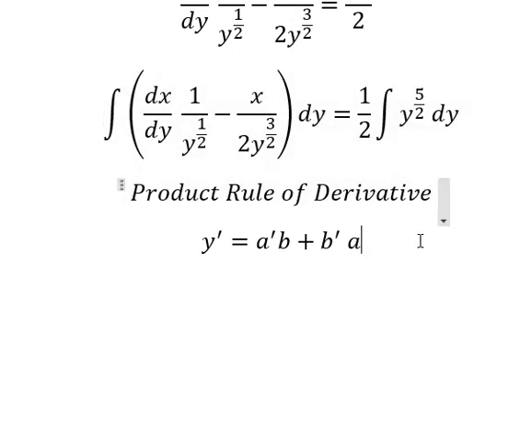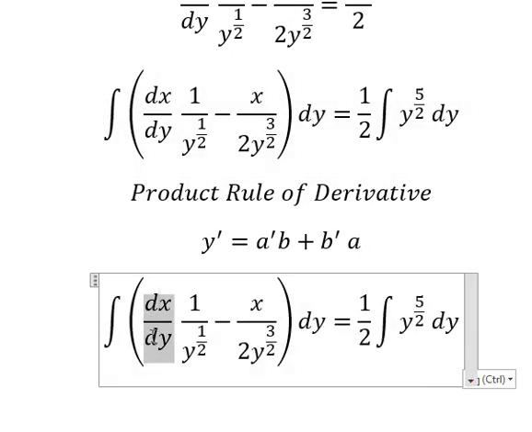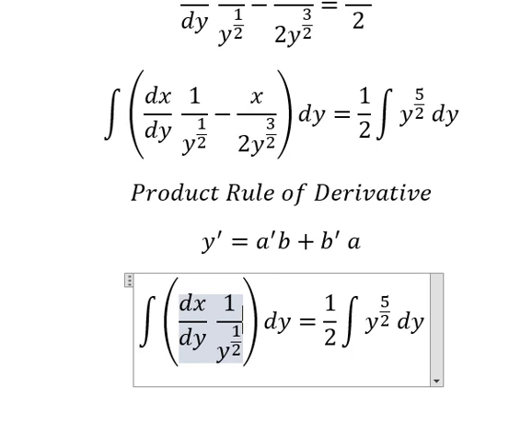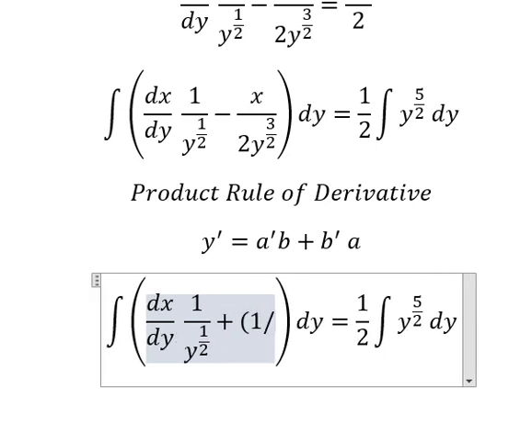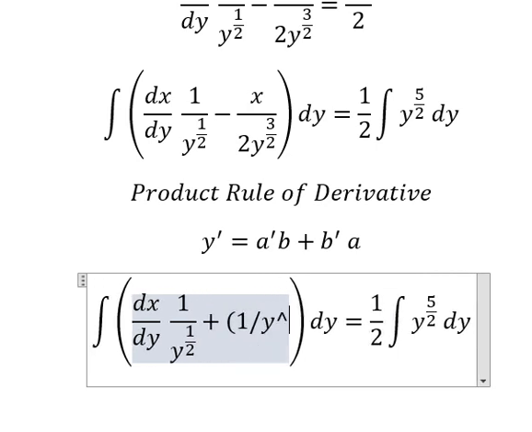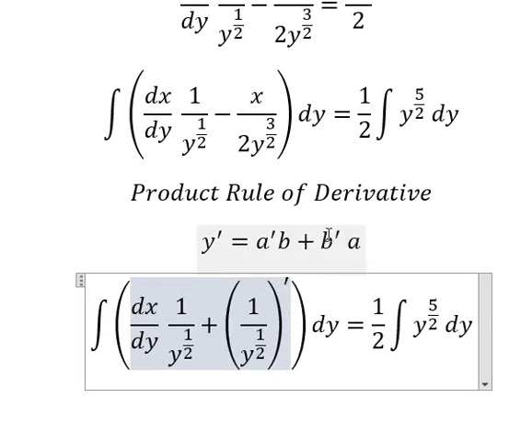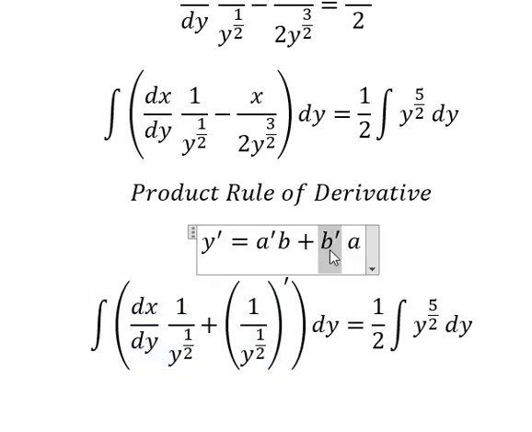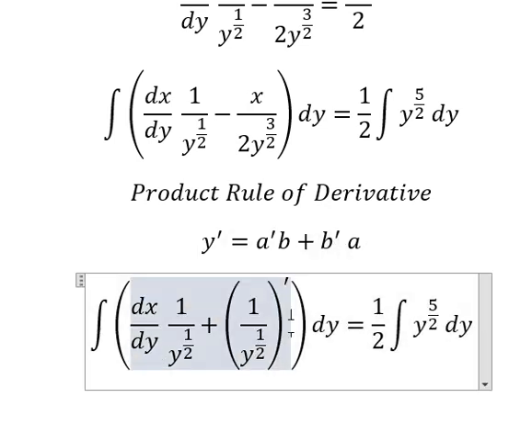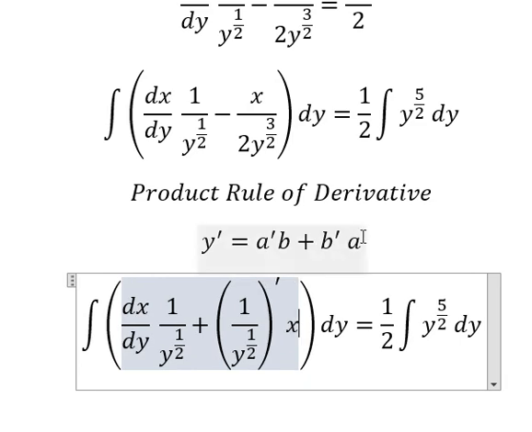So this one, that is the first derivative of a multiplied by b. This one, that is the first derivative of y to the power of 1 over 2. And that is the first derivative of b multiplied by a, that is x.